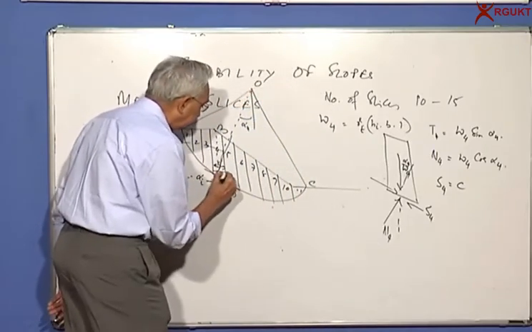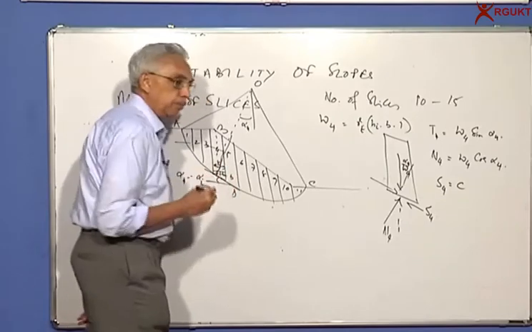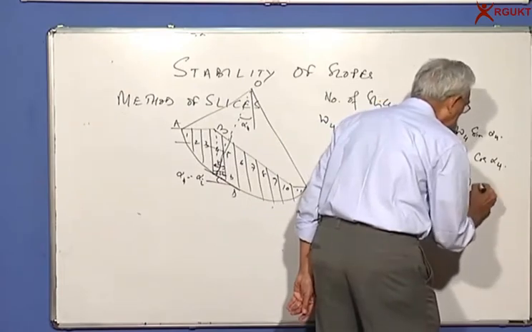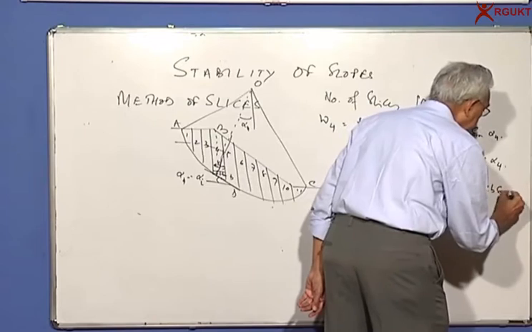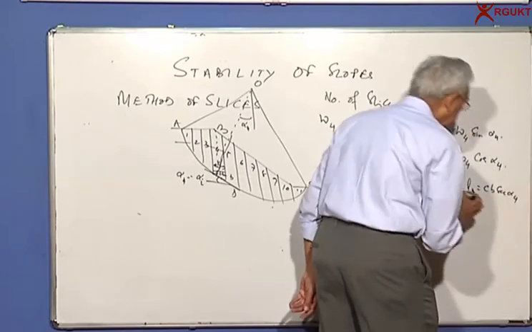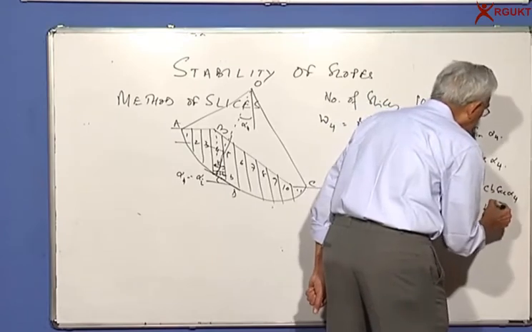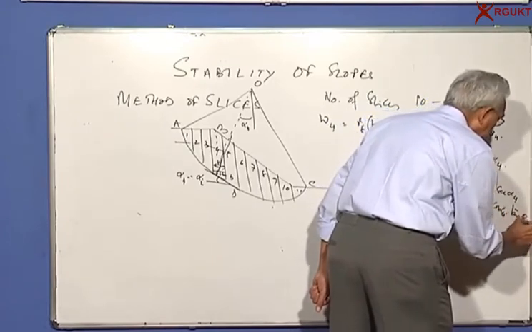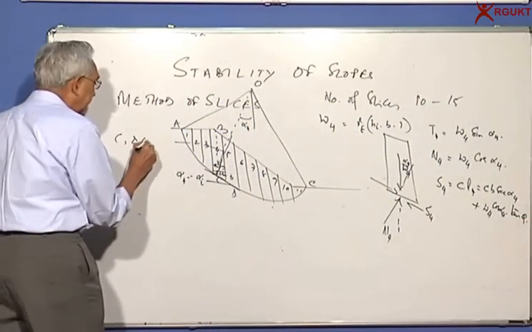And that length would be, if this is b, you agree that it will be b secant alpha 4, I call it L4. So it is c b secant alpha 4, plus the normal component, given as W4 cos alpha 4 into tan phi. The strength properties are given as c and phi.